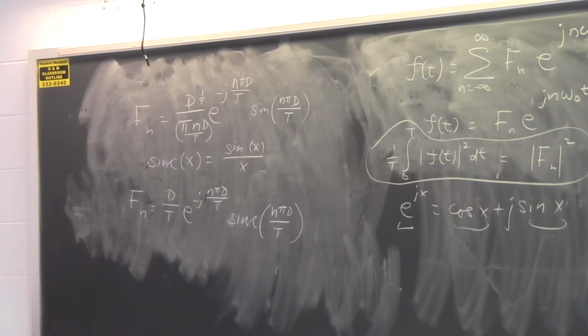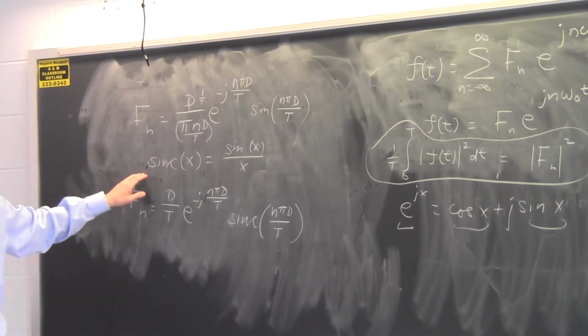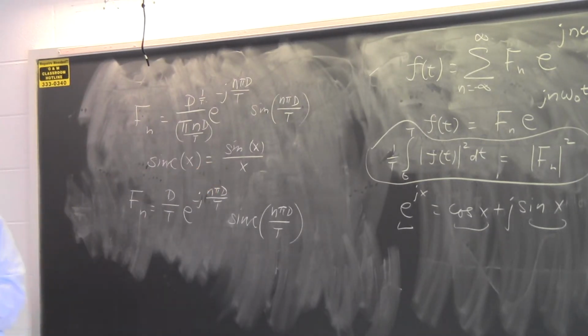How does a sinc function look? What is its value at x equal to 0? It's 0 over 0, right? But you use what is called L'Hopital's rule, or L'Hospital's rule. In French you call it L'Hopital. So it's equal to 1.